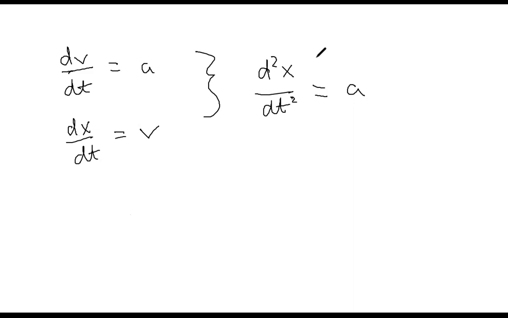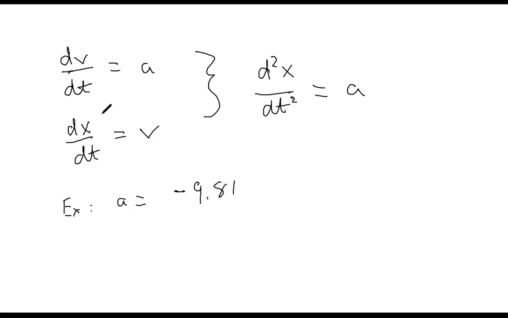Okay, let's see how this will play out. So in this example, take a equal to negative 9.81. Well, we've already solved this top differential equation.